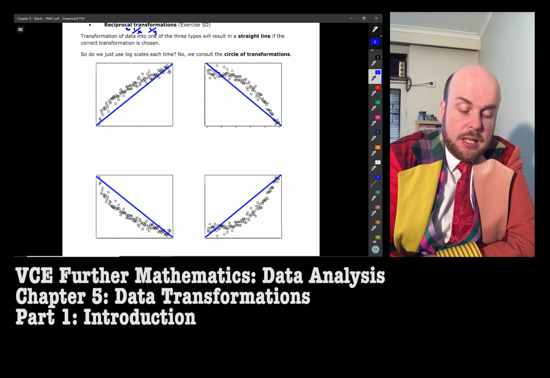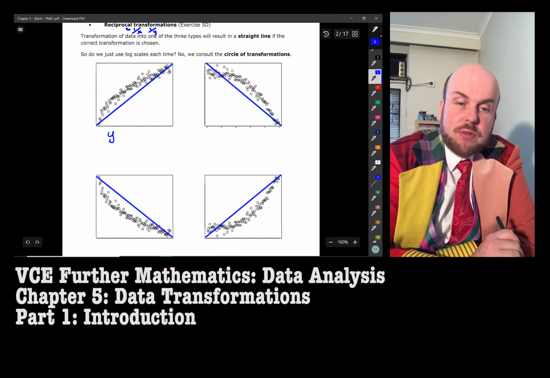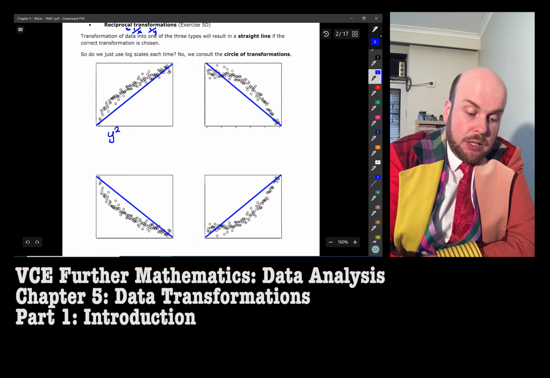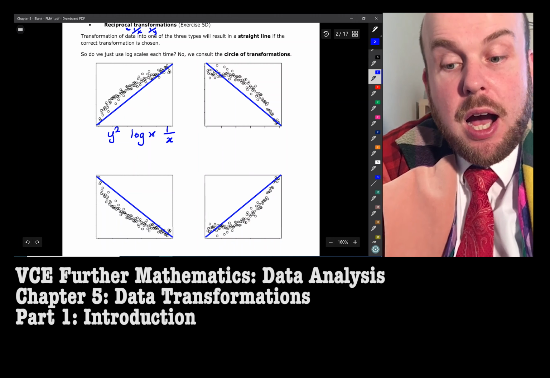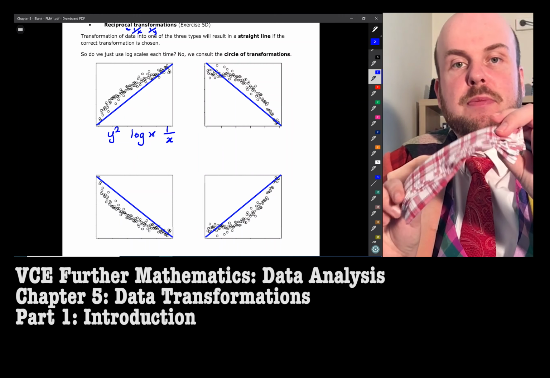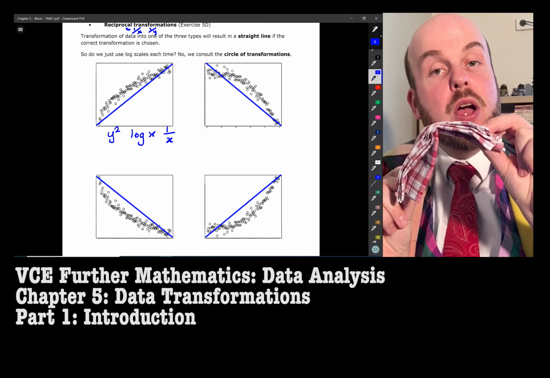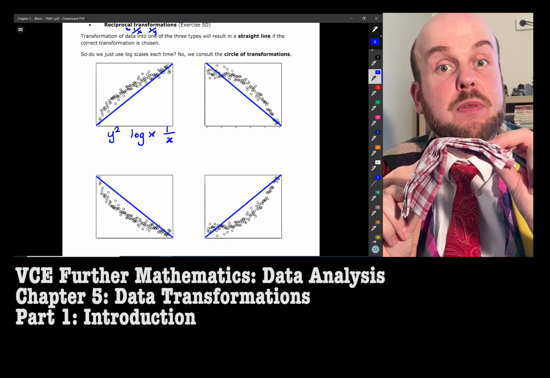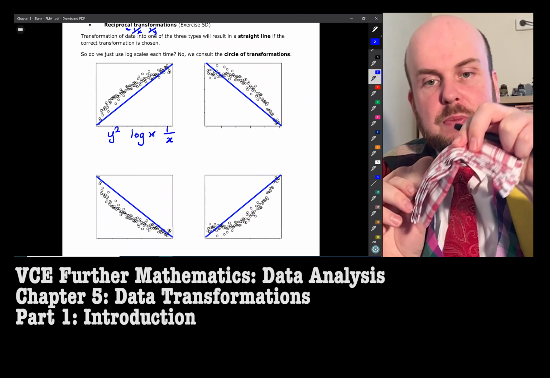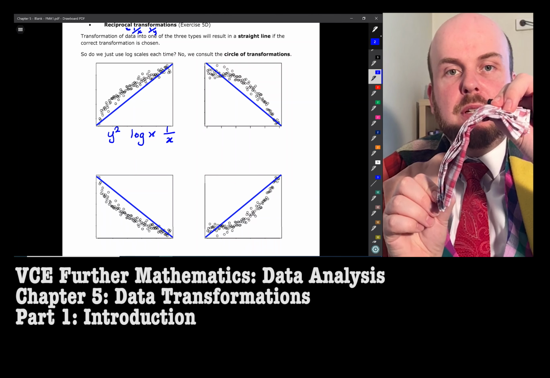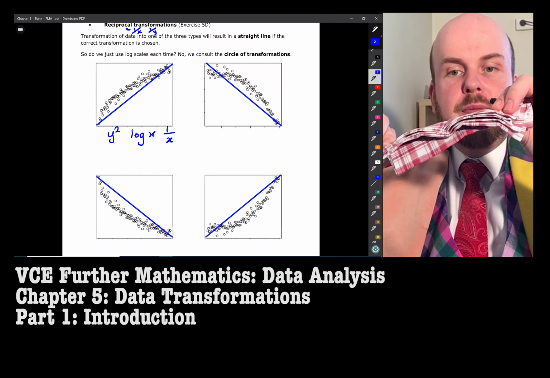For this first one here, we can either do a y squared transformation, we can do a log x transformation, or we can do the reciprocal of x transformation. A y squared transformation, if I use my hanky analogy here again, is squaring all the response variables. So all this clump of response variables down at this end, they'll push up, like so.